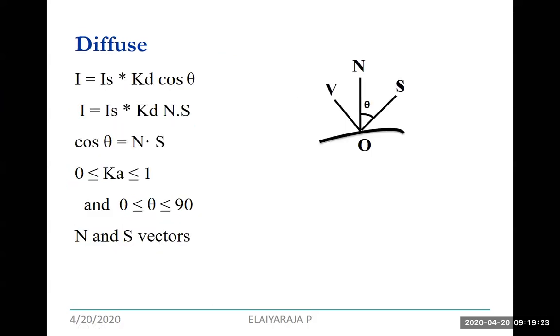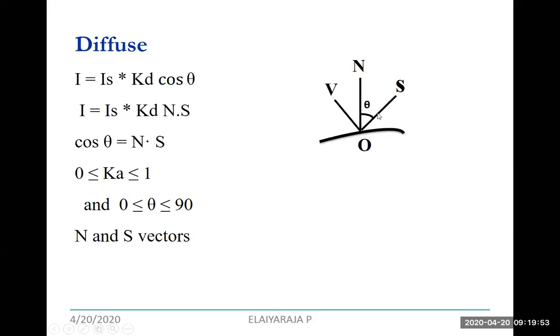The calculation part we'll see now. Here this is a surface, and the light source hits on this surface, and this is the viewer point, exactly the point where it hits the surface, and you can see the normal vector position.